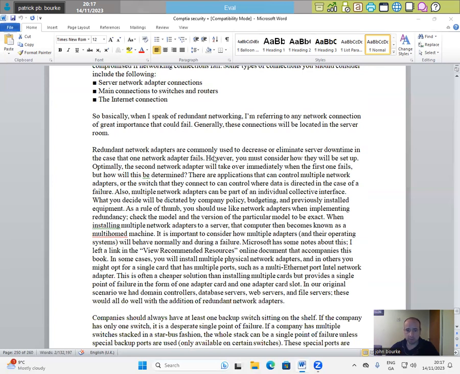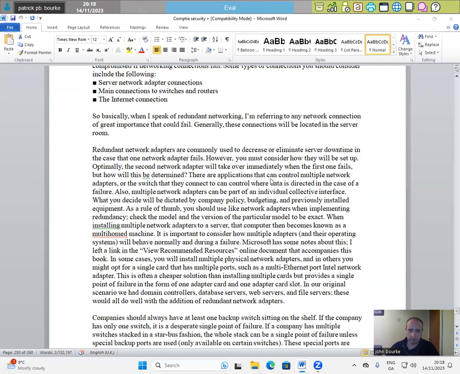Redundant network adapters are commonly used to decrease or eliminate server downtime in the case that one network adapter fails. However, you must consider how they will be set up optimally. The second network adapter will take over immediately when the first one fails, but how will this be determined?